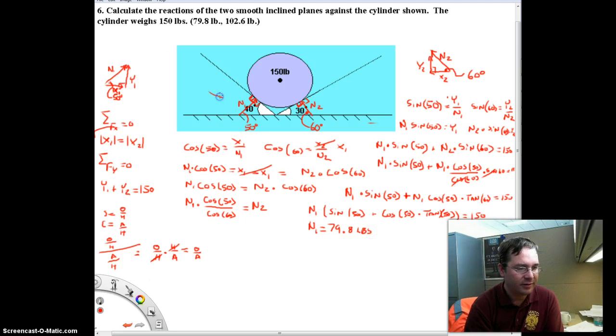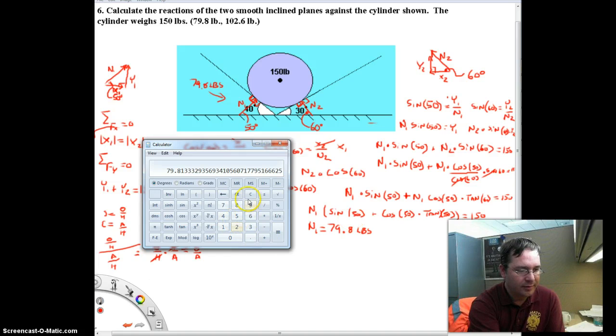Okay, so this right here, about 79.8 pounds. Now, how is normal force 1 and normal force 2 related? Well, they're related by the cosine of 50 divided by the cosine of 60. So, very simply, what we can do is say 50 cosine divided by 60 cosine. Hit the equals key.